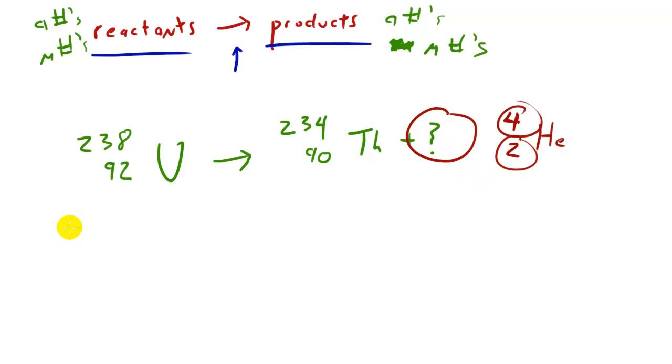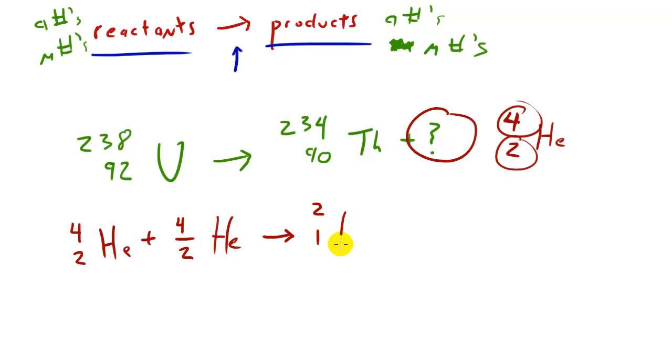So let me go ahead and show you guys one more example. Say you have 4,2 helium and you combine it with another 4,2 helium, and you combine them and you get 2,1 hydrogen and something else.